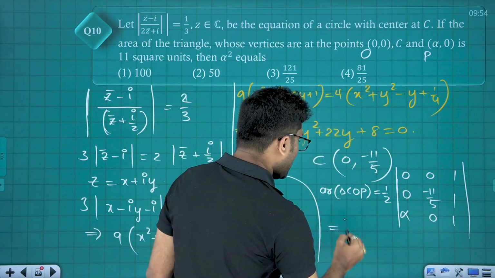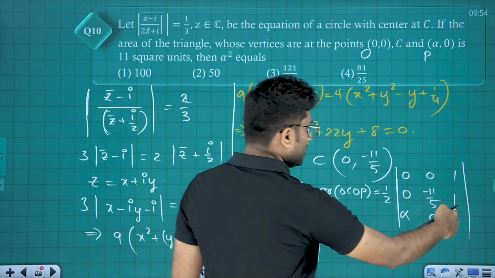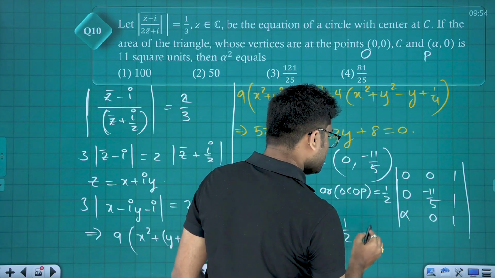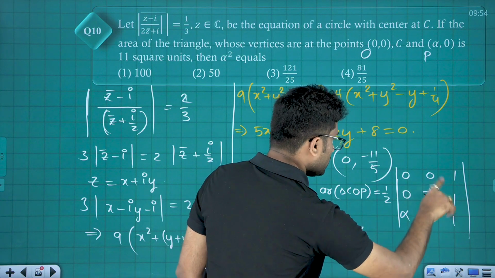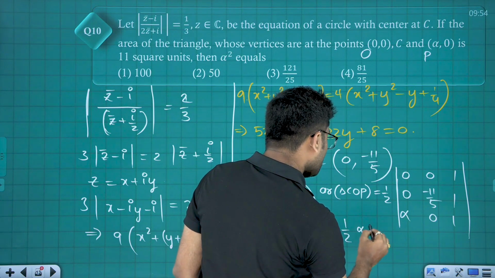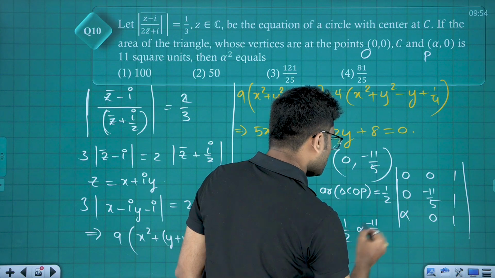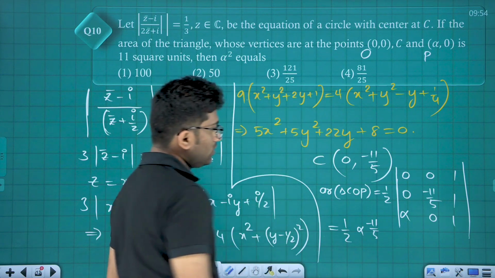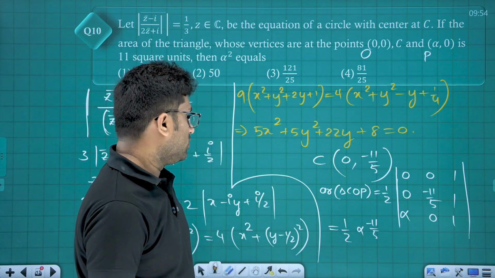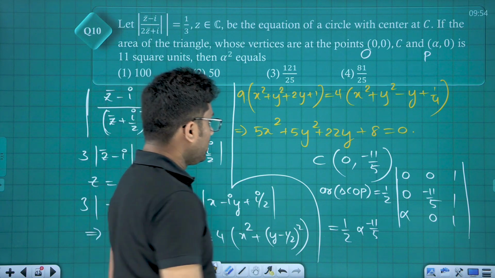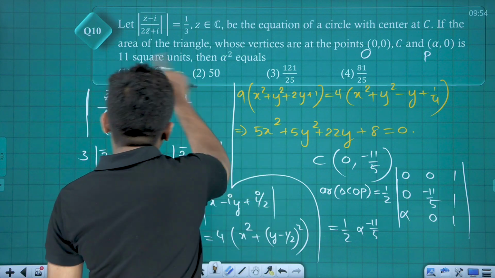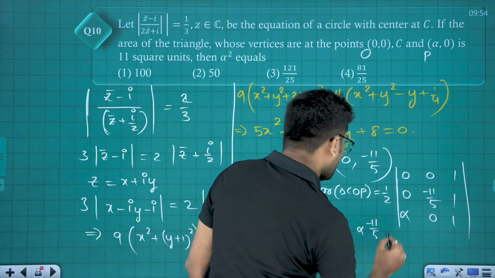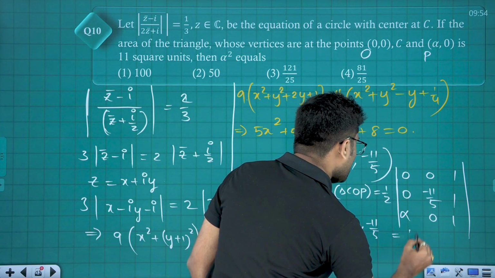So if we expand this determinant directly, we get half into alpha times 1 into 0 minus 11 by 5. This is what we have got. So they have given the area is equal to 11, friends.